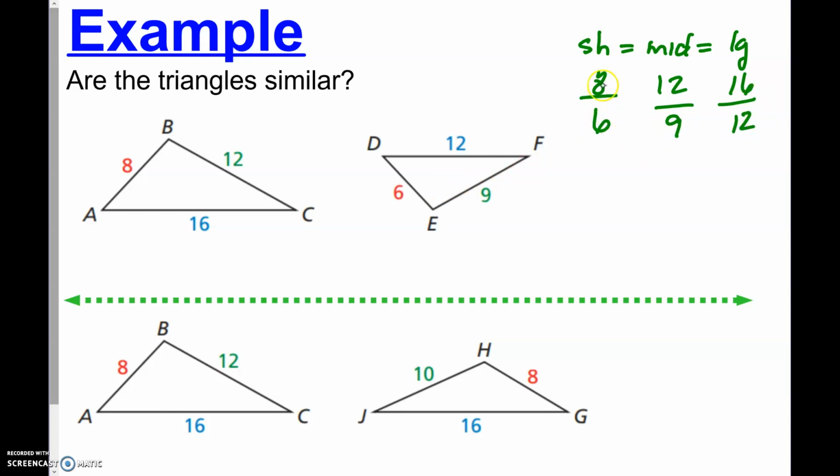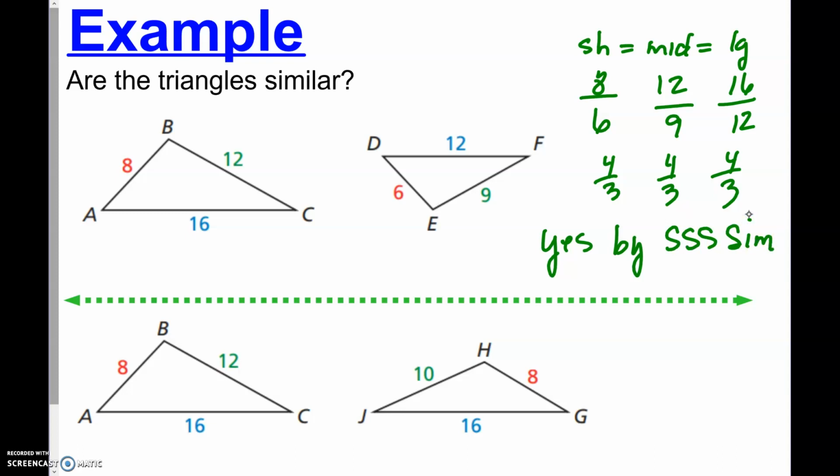Now, what does this reduce to? Well, this is going to reduce to 4/3. Divide by 3, we get 4/3. Divide by 4, and we get 4/3. So all the sides are in the same ratio, and I'm proving it by showing you the ratios and what it simplifies to. So yes, they are similar by side similarity.